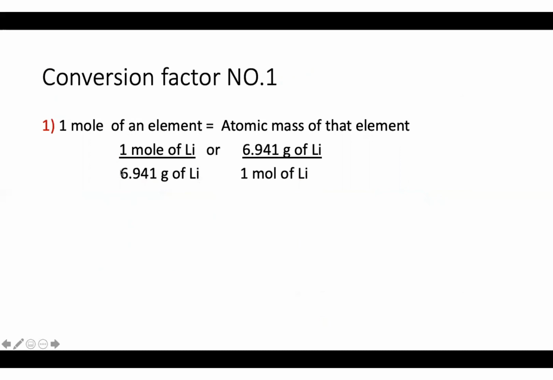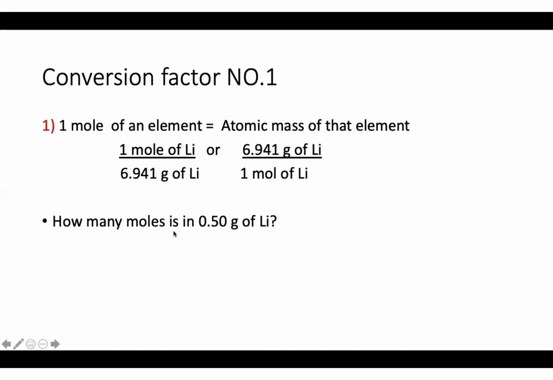As you see in the periodic table, I have 6.941 gram of lithium under the lithium element. So I write down 1 mole of lithium over 6.941 gram of lithium, or 6.941 gram of lithium over 1 mole of lithium.